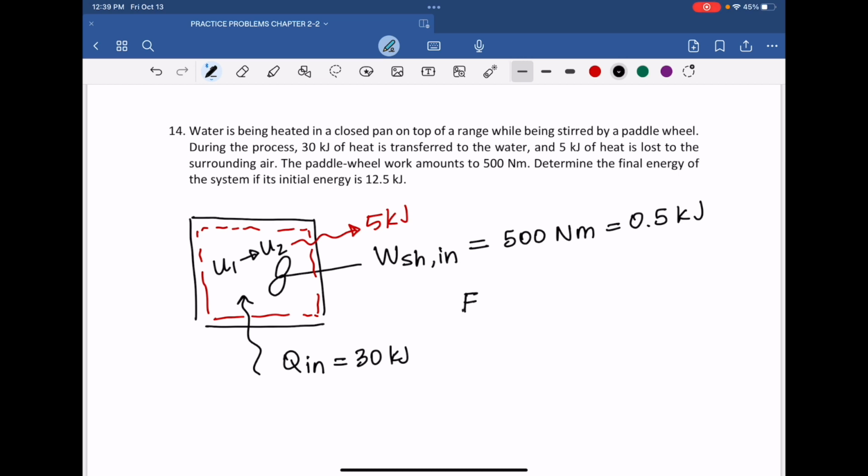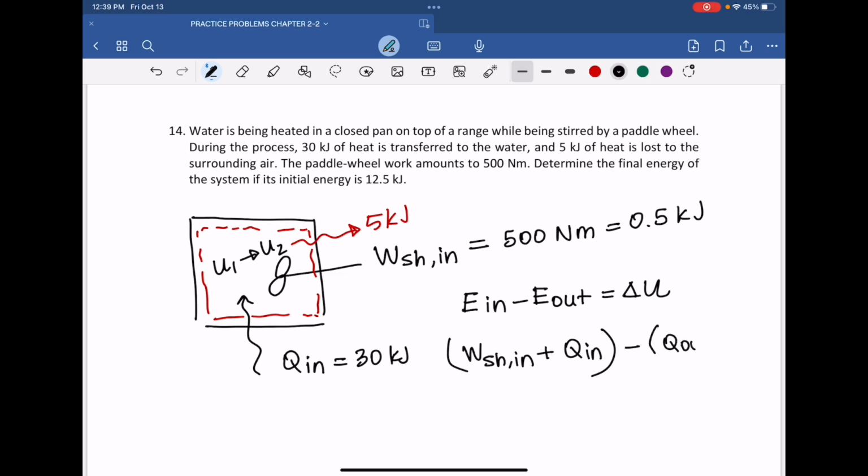And we say energy getting in minus the energy getting out is equal to the change in the internal energy of our system. And here, if we want to write it more explicitly, the shaft work is getting in and heat is getting in, but what is getting out is only heat, and that is changing the internal energy.